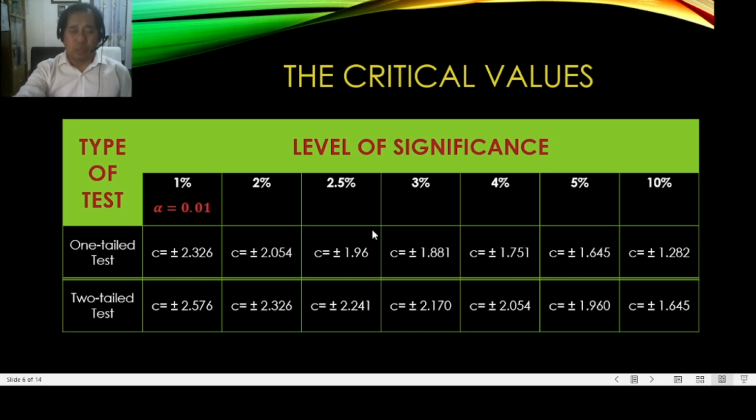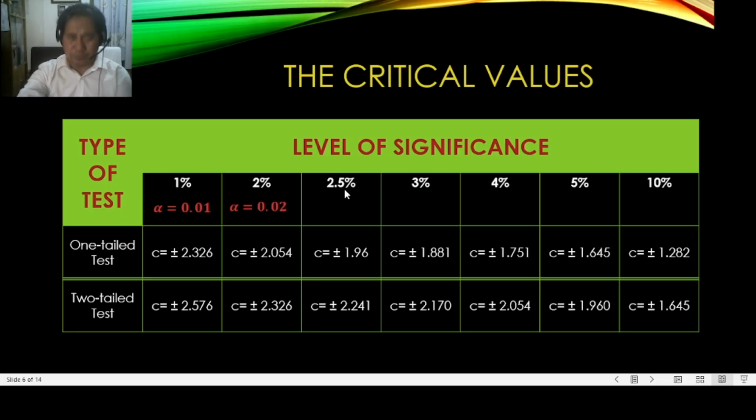Now, what if our level of significance is 2% or alpha level is 0.02? The critical value for this one, if that is considered a one-tailed test, is positive or negative 2.054.